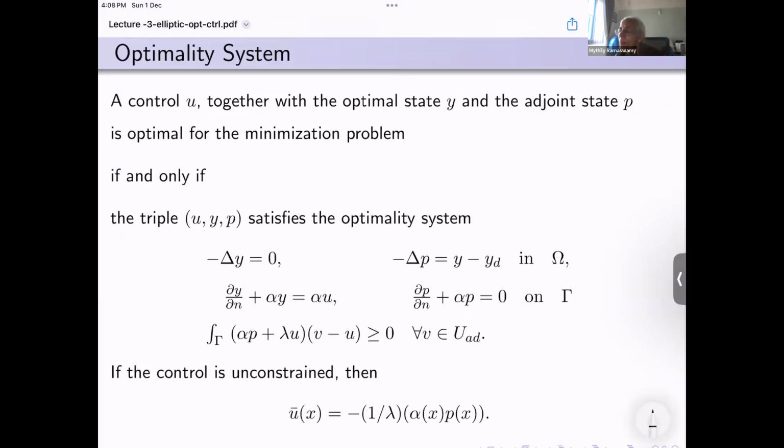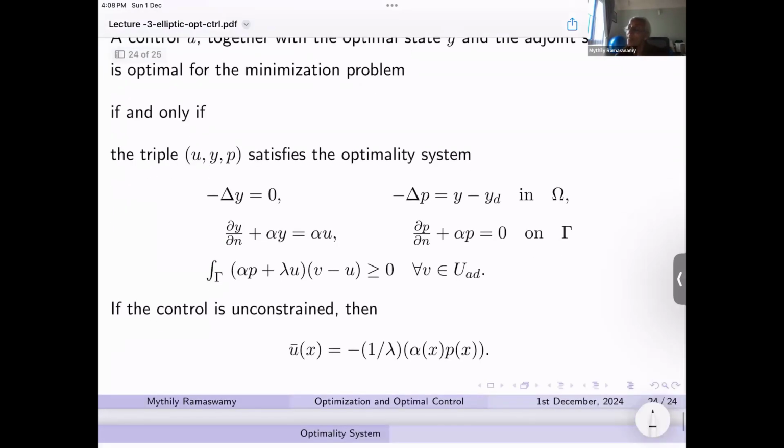Then it is alpha p plus lambda u, v minus u is greater than or equal to 0. And if the control is unconstrained, or it is the whole L2 of gamma, then I can write u bar explicitly. So you can write down the solution.